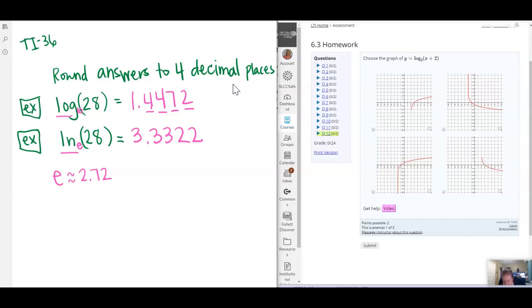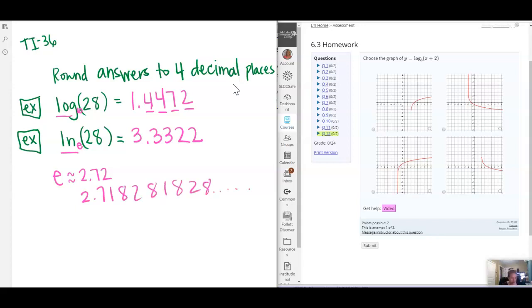So everybody find your E on your calculator. It's usually right next to that natural log button, or it's the shift of it. See if you can find that. If you do E to the first power, it gives you 2.7182818288, blah, blah, blah, right?